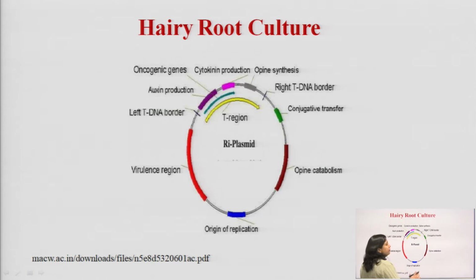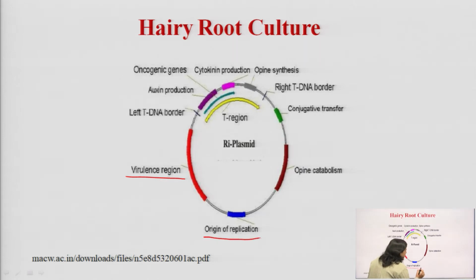Here you have different regions in this RI plasmid. Basically, I will first discuss the three other regions. One is the virulence region. This region is responsible for the infection. It helps in developing proteins that help in dividing the cells and transferring it to the areas wherever the wound is. So, it is responsible for the virulence of the bacteria.